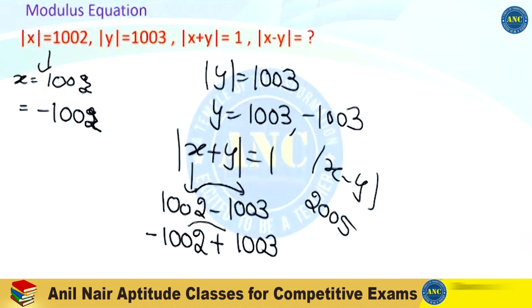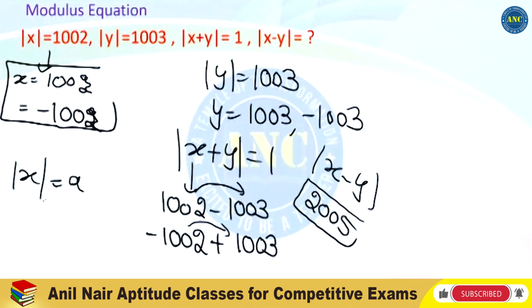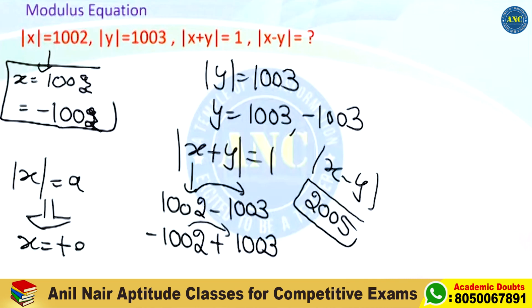Minus 1002 minus 1003 is minus 2005. Mod of minus 2005 is 2005. Simple definition based question. Mod x equivalent to a: x will be taking either plus a or minus a.